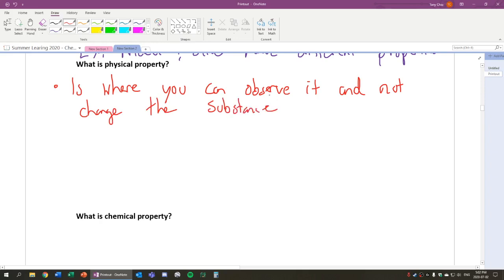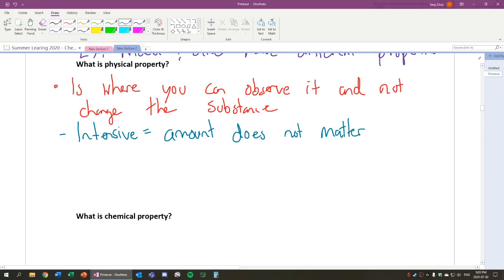Now we classify these in two different categories. Physical properties can be either intensive, and intensive means the amount of how much you have of that substance does not affect this property. It does not matter, in a sense.